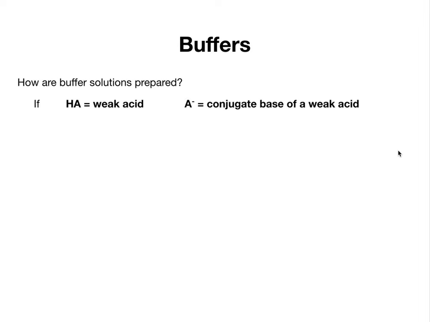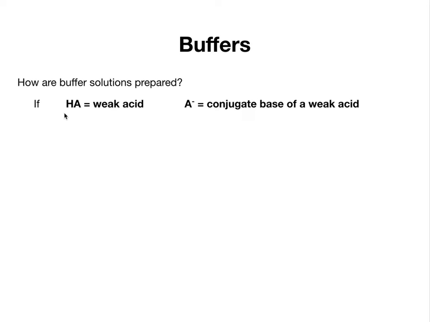Okay? Now, let's look at some more aspects here. How are buffer solutions prepared? Well, based on what we just talked about in terms of the definition of a buffer solution, let's explore this. Now, class, we're going to assume that HA is a weak acid.